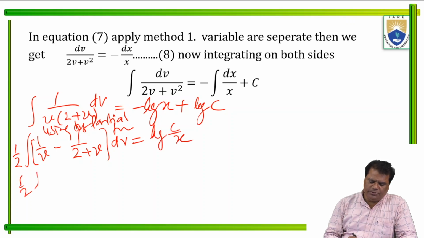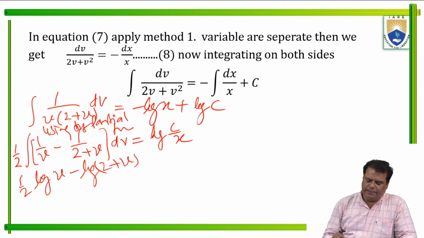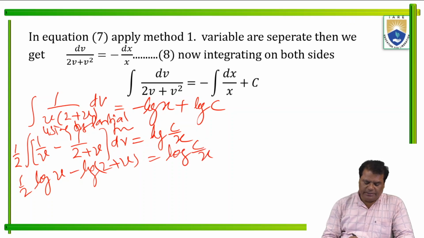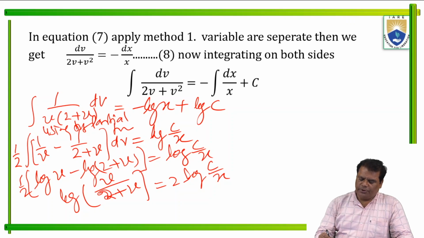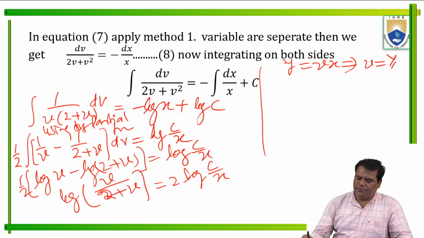So 1 upon 2, this is log v minus log 2 plus v, and equal to log c upon x. So here this 1 upon 2, taking to this side, this 2 log c upon x, and here is log v upon 2 plus v. So putting y equal to vx, this implies that v is equal to y upon x.